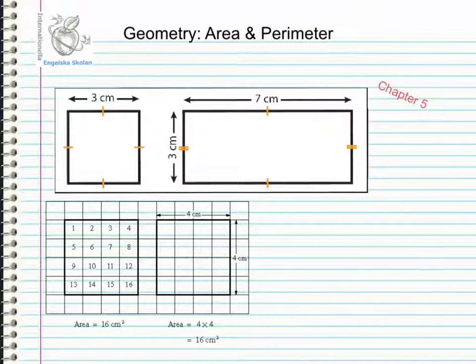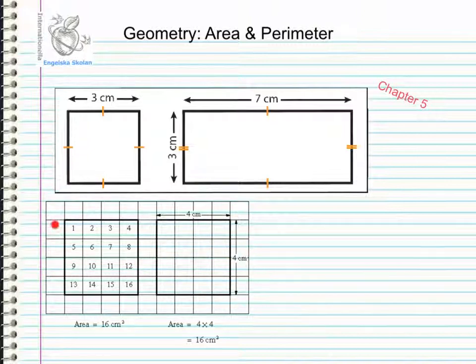We can prove this by looking and counting how many squares are in the width of this square. 1, 2, 3, 4, which is the same as the measurement, and 1, 2, 3, 4, which is the same as our measurement for the length.